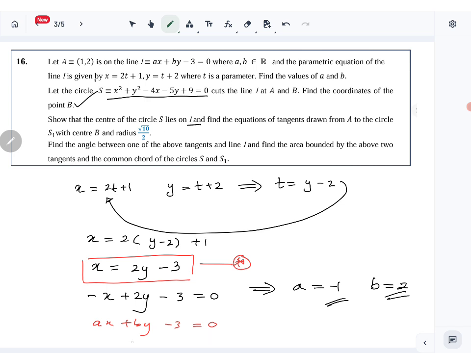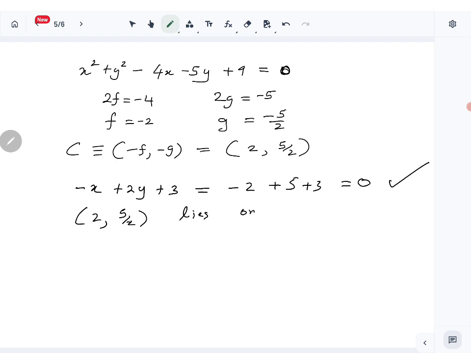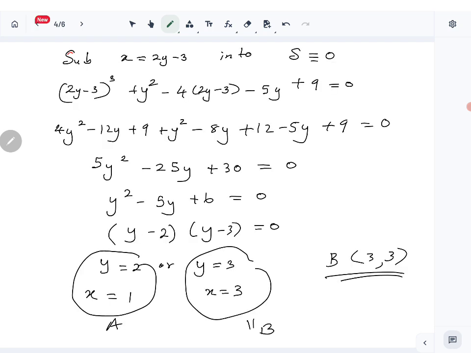So what is the line? The line is minus x plus 2y minus 3. Minus x plus 2y plus 3. So substitute: minus 2 plus 5 plus 3 equals 0. No? Correct. So (2, 5 over 2) lies on L. So that part is also done.